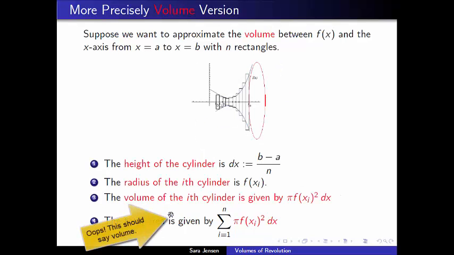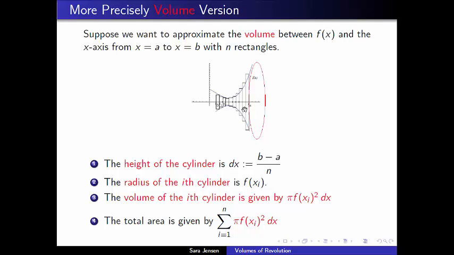Notice how very little changes when we switch from area to volume. My picture has changed some because what I did with my original picture was rotate it around the x-axis. So this circle here in red is indicating that rotation. And what we'll want to envision in our head is that each one of these rectangles has also been rotated around the x-axis.